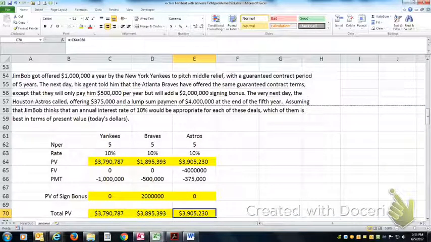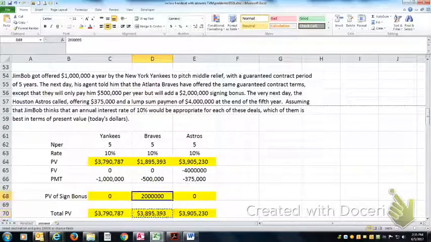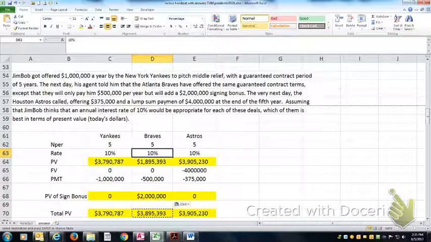So I know a lot of students have trouble with this idea. Oh, well, I get that signing bonus right away. I get $2 million right away. That 10% interest rate recognizes that you could take your $2 million and put it in the bank and start earning interest on it. Okay, that's the good news.